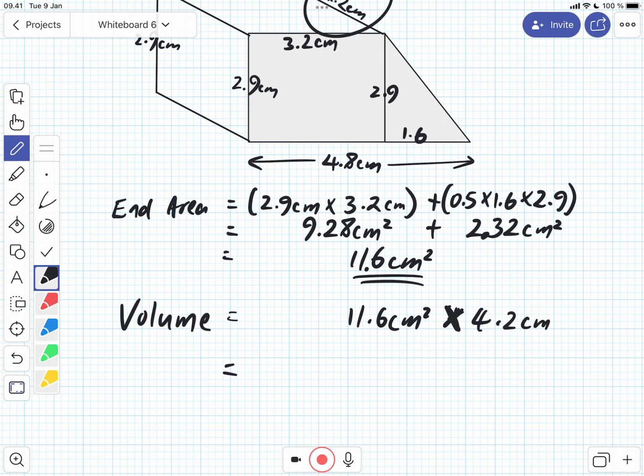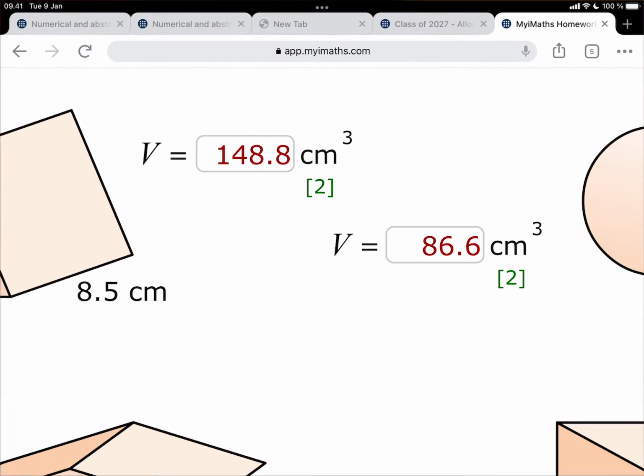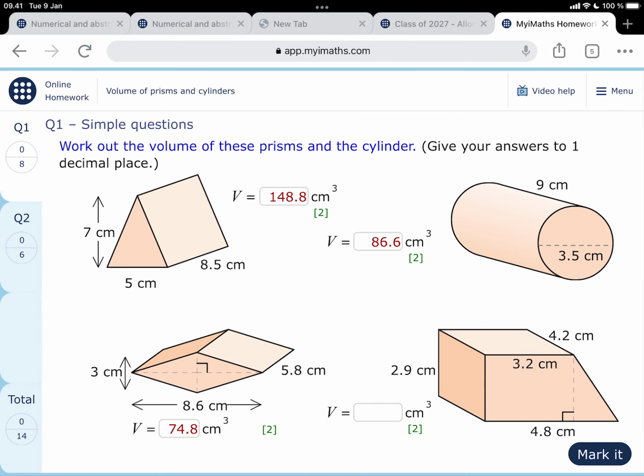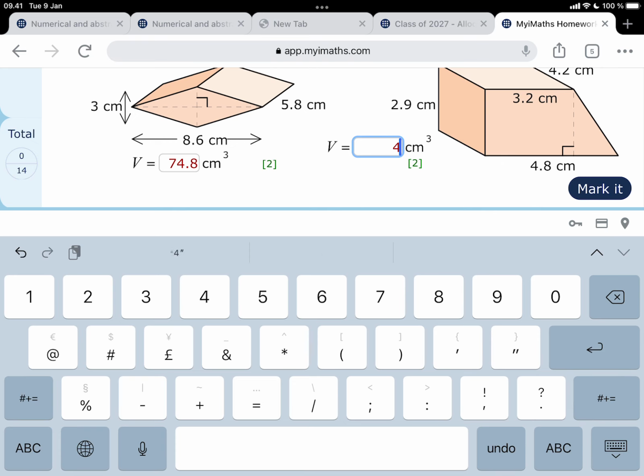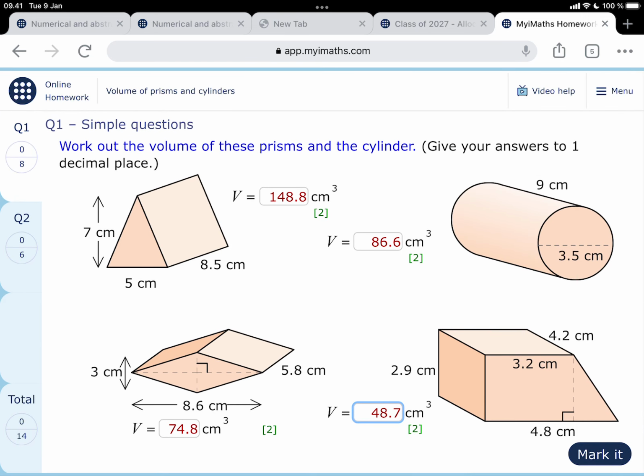Getting a little bit untidy here. 48.72 centimeters cubed, which I'm going to round to 48.7. Fill that in. 48.7 and mark it. 8 out of 8.